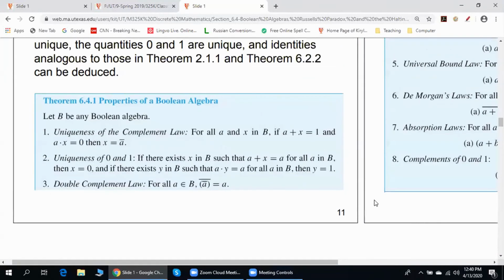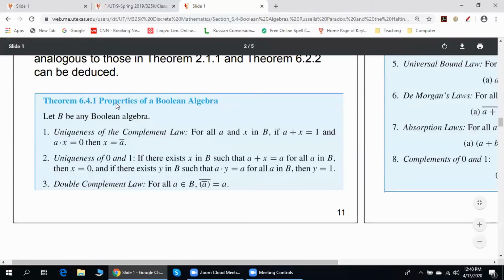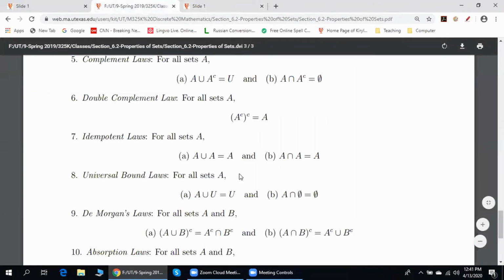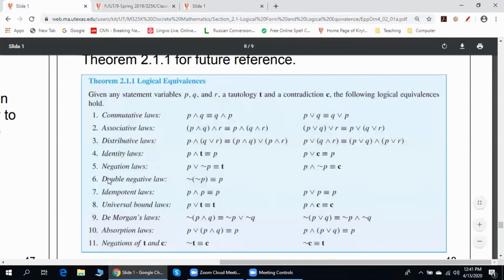For example, please take a look at this theorem. Uniqueness of the complement law, uniqueness of 0 and 1, double complement law. By the way, the double complement law corresponds to the double complement law for sets and the double negation law in logic.